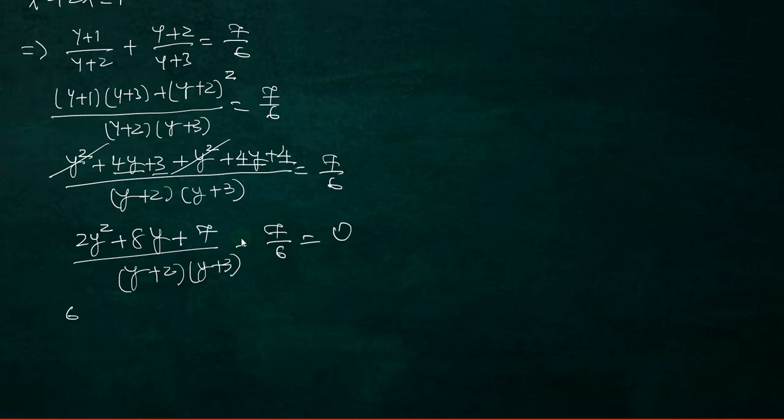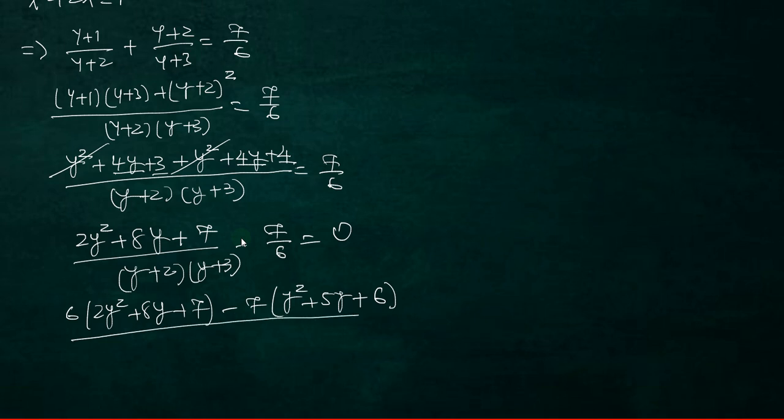So we're gonna have then 6, which multiplies 2y squared plus 8y plus 7, and then minus 7, which multiplies the product of these two, which is y squared plus 5y plus 6, right, and then all divided by 6, which multiplies y plus 2, right, which multiplies y plus 3, and then this is equal to 0.